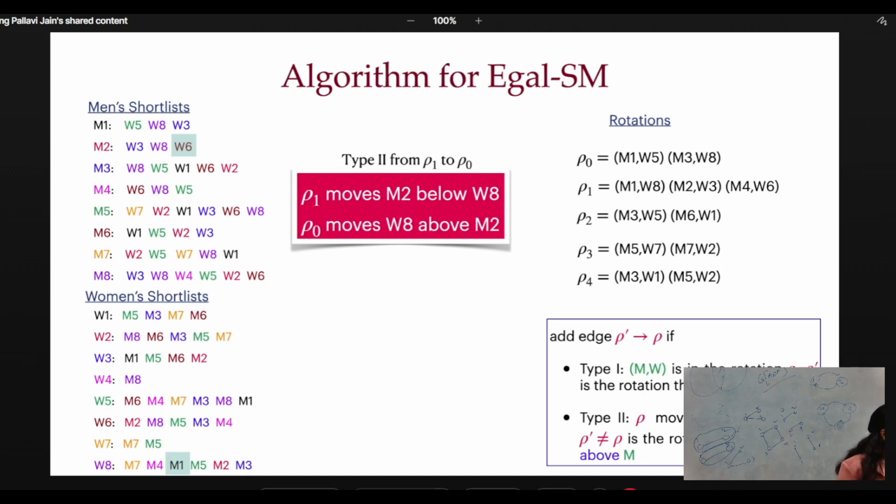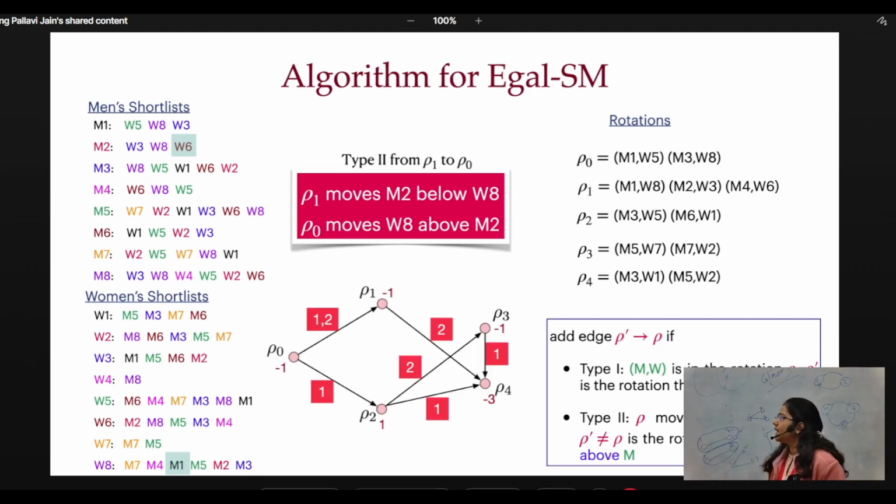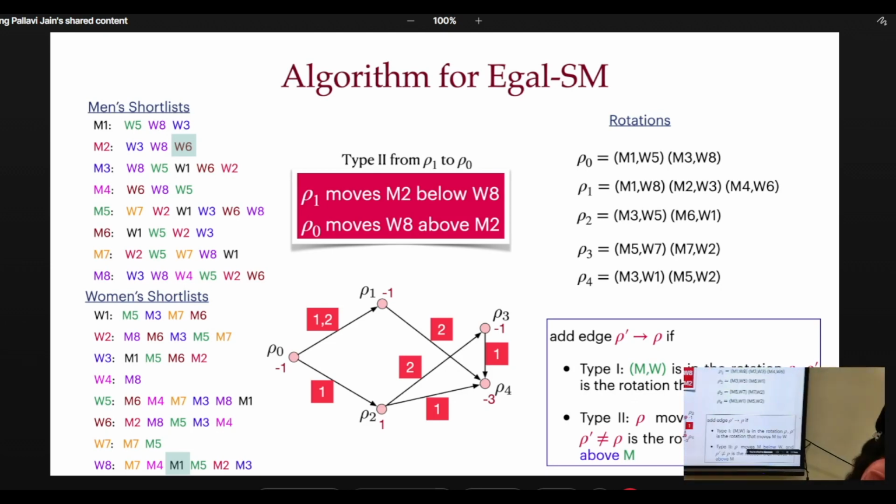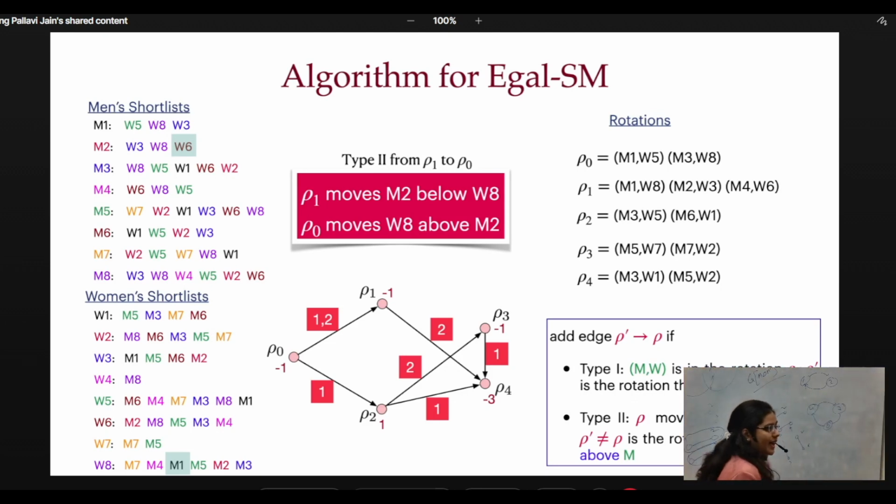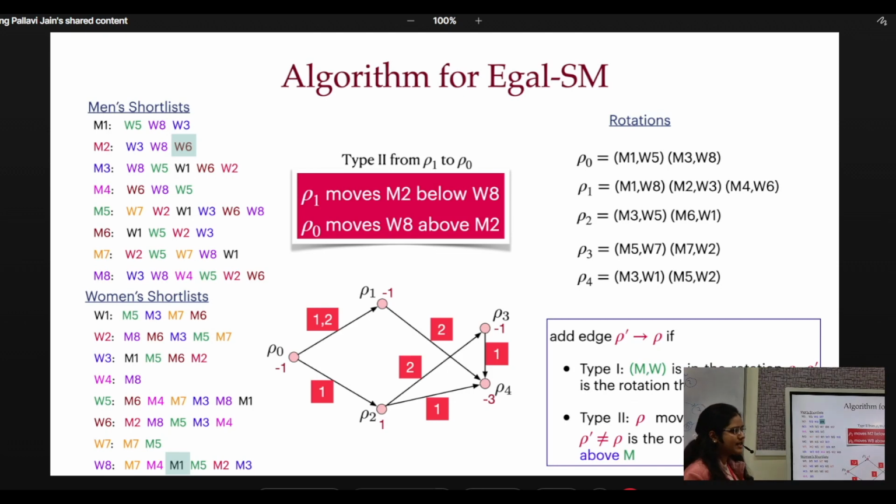So when you eliminate rho 0, W8 is not even in M2's preference list, because rho 0 moved W8 to M1. So this is the type 2 edge. You can notice here that there can be both types of edges between two vertices. You can verify, and if you want you can click a picture for the record, and we will anyway share the slides.